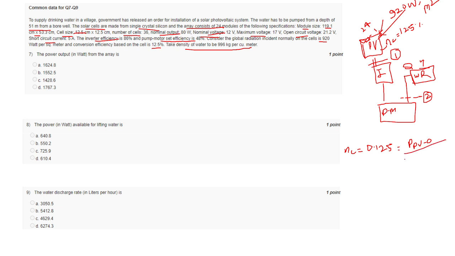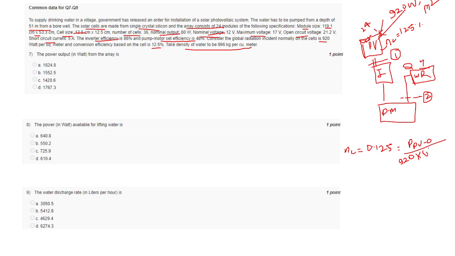Power input is your incoming solar radiation, which is 920 in watt per meter square, into the area of the module. Each cell area is given as 12.5 cross 12.5.